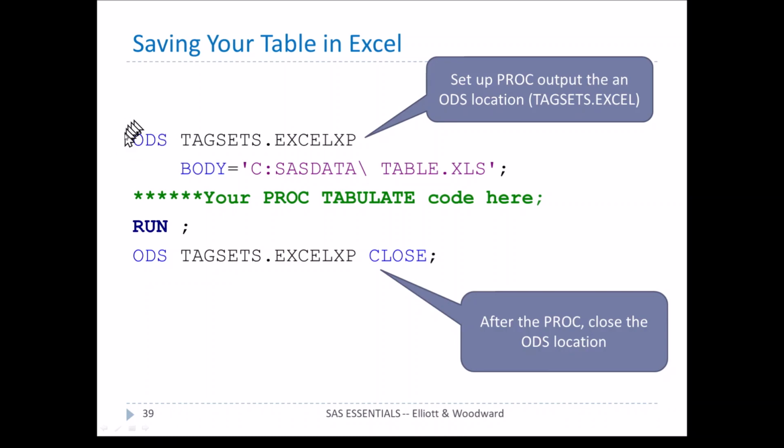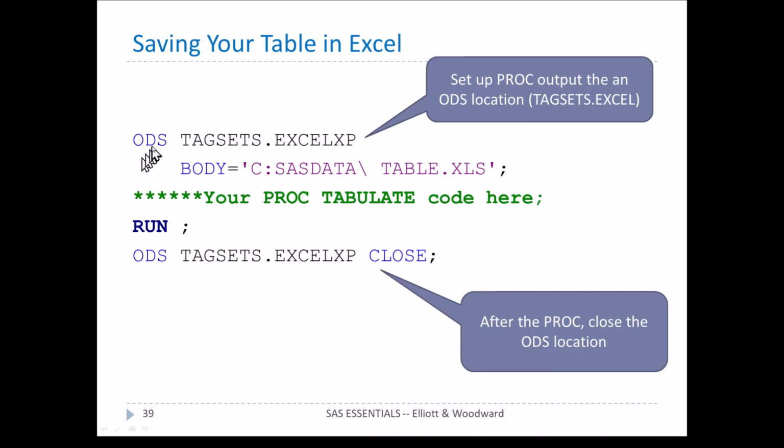In this case, we open ODS by saying ODS TAGSETS.EXCELXP. What that means is we're going to open up ODS to Excel, and we're going to then create the body here into an Excel file. We run whatever PROC TABULATE we want to run, and then we close it.